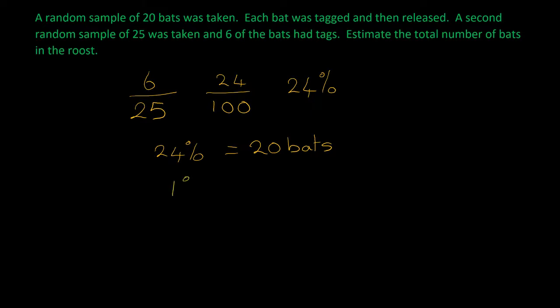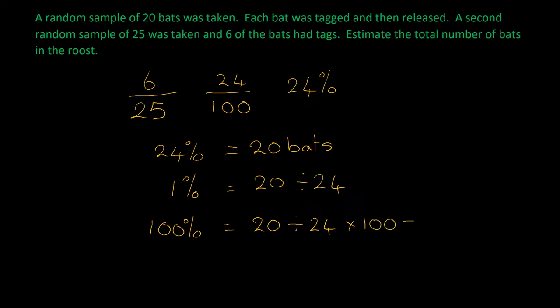So 1% would be 20 divided by 24. 100% would therefore be 20 divided by 24 times 100, and that works out to the nearest whole bat to being 83 bats.